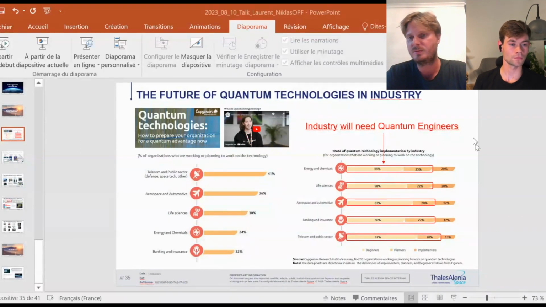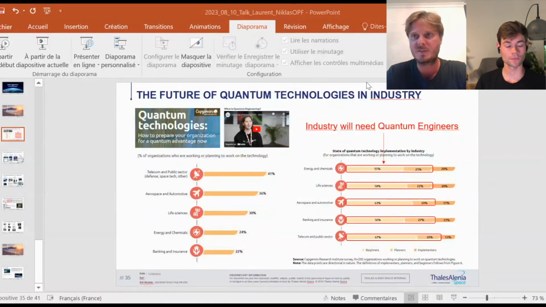Some plan to include it in the near term, and some of them have already implemented quantum technologies, and so the industry will need quantum engineers, in fact. And so far in engineer schools, people are not.